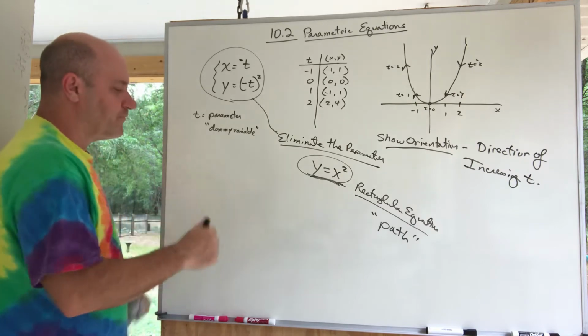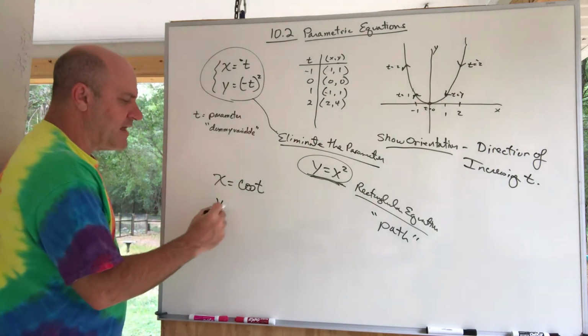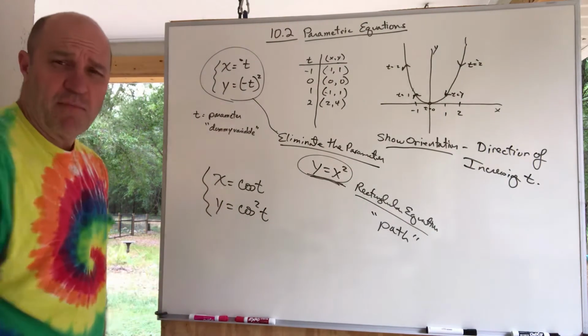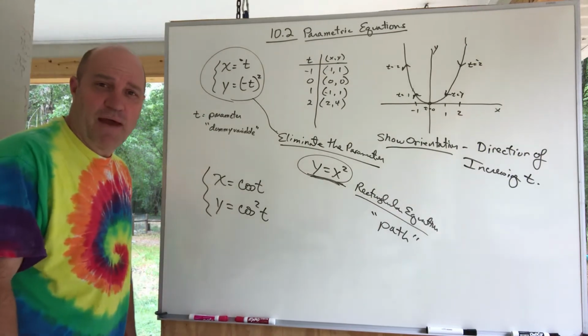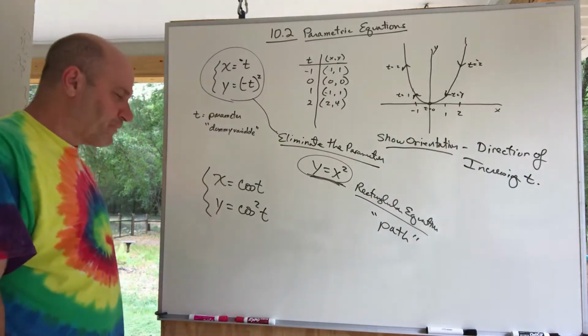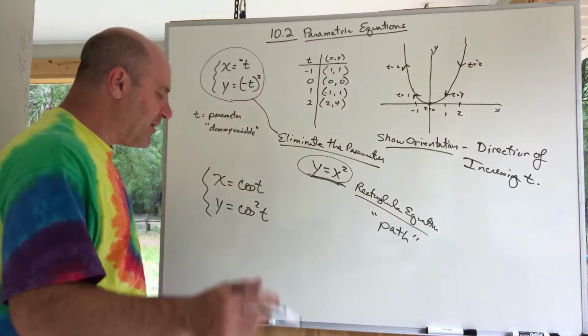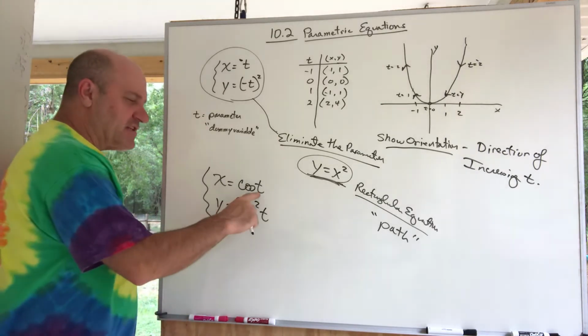Watch this one. x equals cosine t and y equals cosine squared t. That's a set of parametric equations. Let's analyze it. Let's talk about it. You might have already thought, if you eliminate the parameter by solving for t and substituting, actually, I'd rather not solve for t.